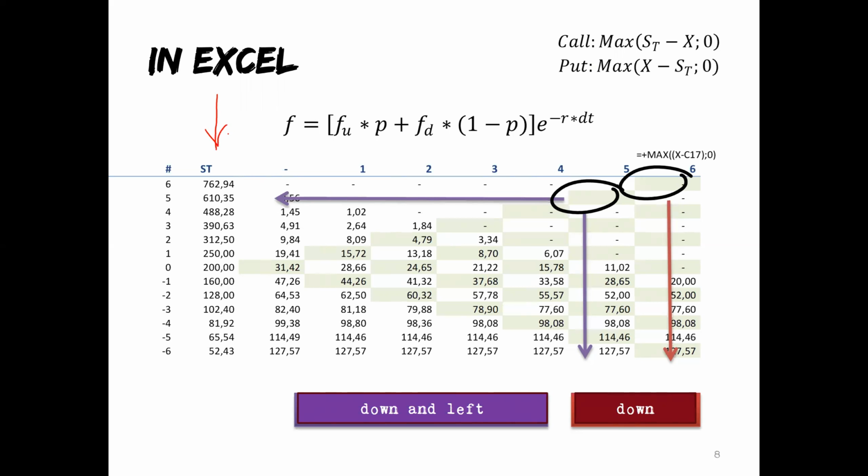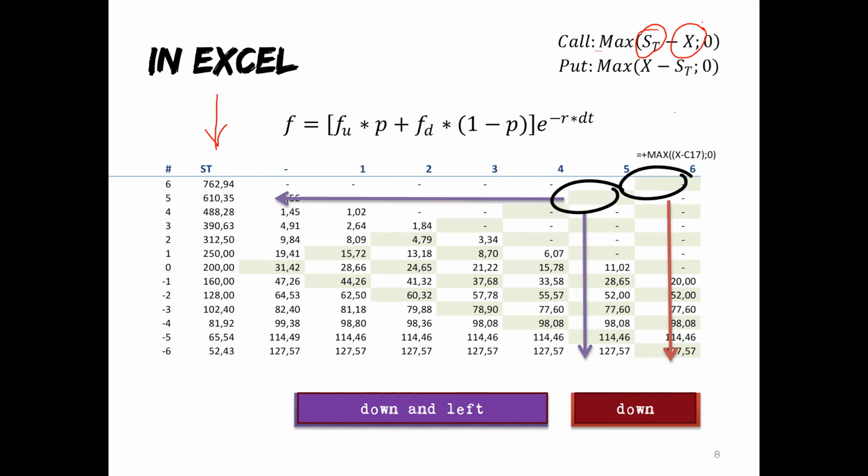This is a European option, so at the moment of expiration in time 6, we need to decide whether to exercise or not the option. If it's a call, when do we exercise? When the underlying asset is higher than the strike.